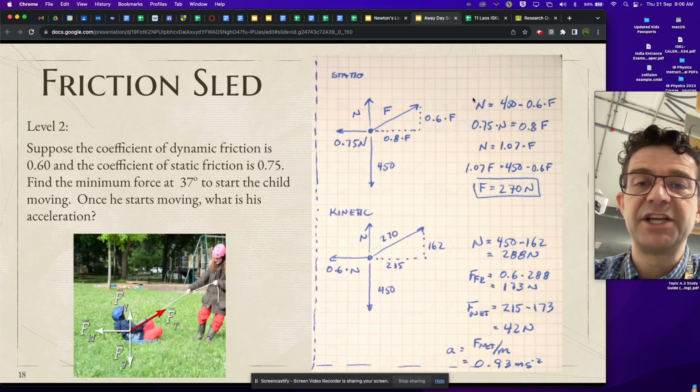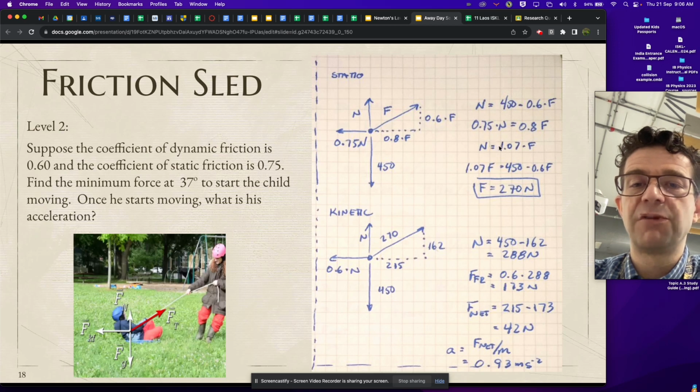So we have one equation: the normal force is equal to 450 minus 0.6 times the force applied. And then horizontally, we know that at rest, 0.75 times the normal force worth of friction is going to be equal to 0.8 times the force applied. That's the horizontal component of the applied force.